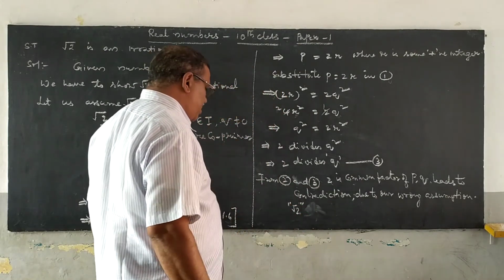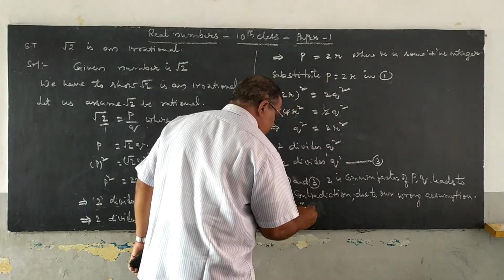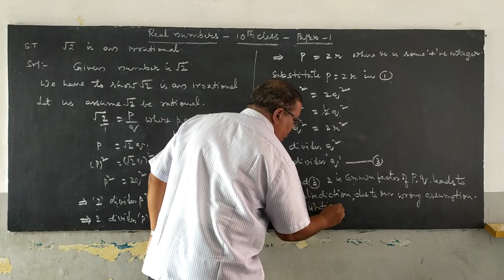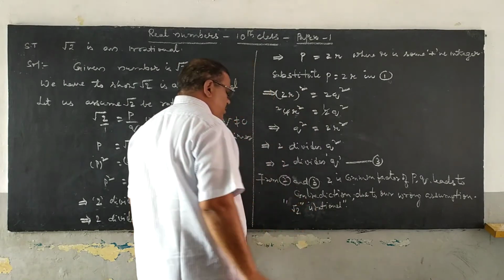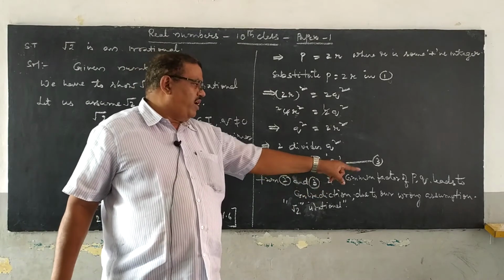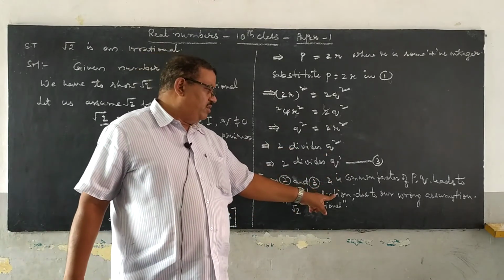Once again, from 2 and 3, 2 is a common factor of P, Q, which leads to a contradiction. Why?